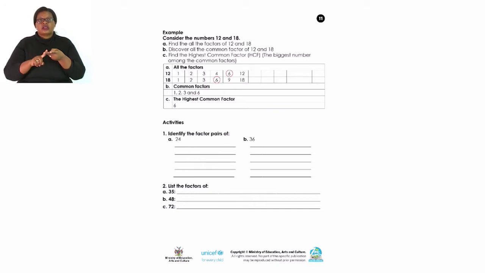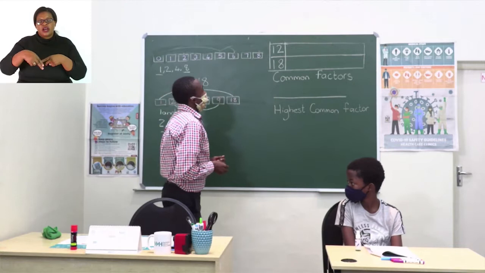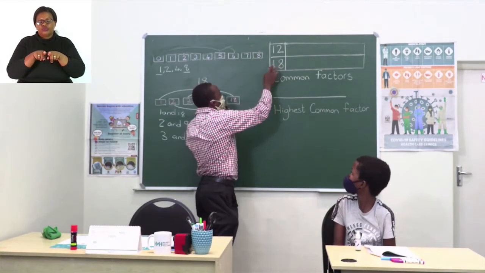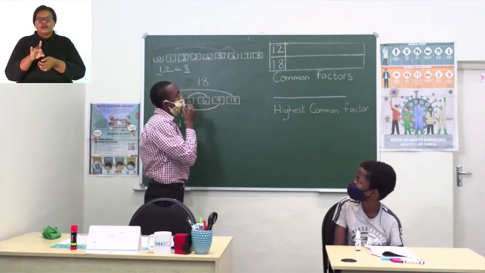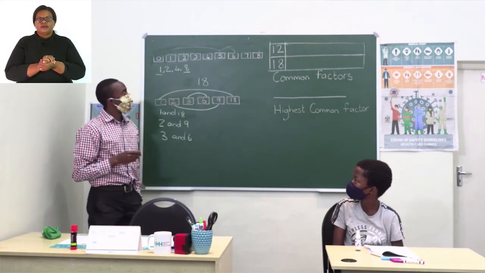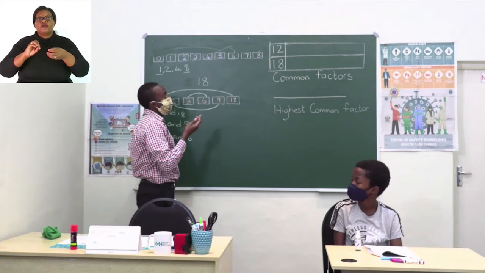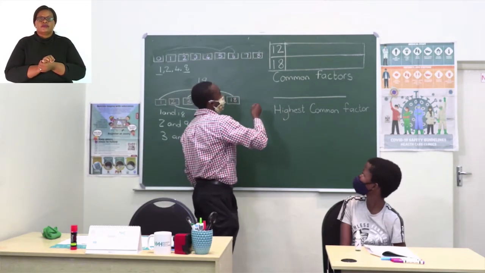So, let's quickly look on the chalkboard. So here I have the number 12 and the number 18, okay? Now, the first thing I need to do is to find their factors. We're going to find the factors from big to small. Pamwene, can you help me on this one?